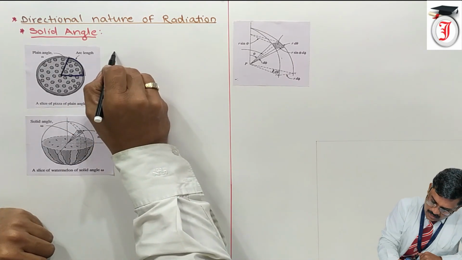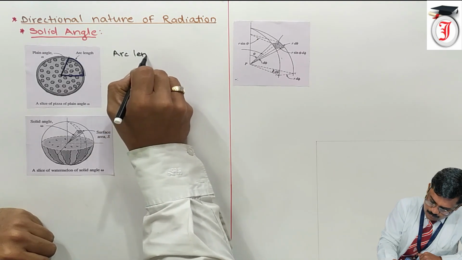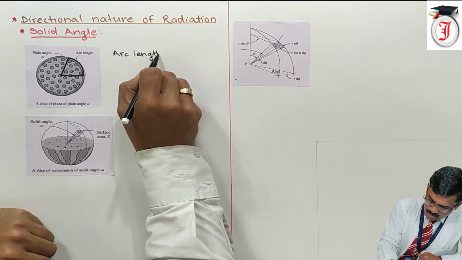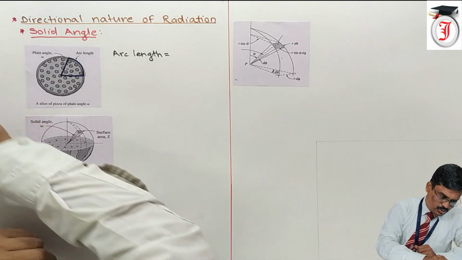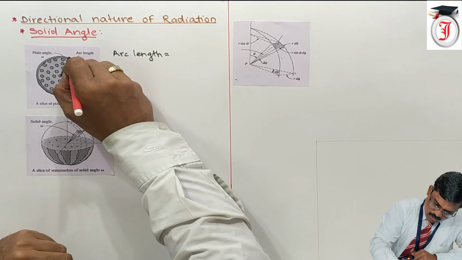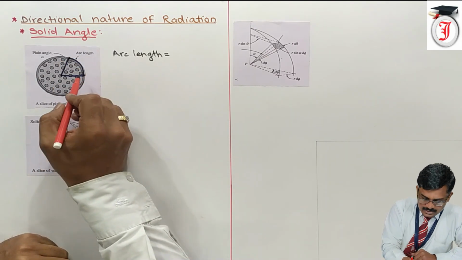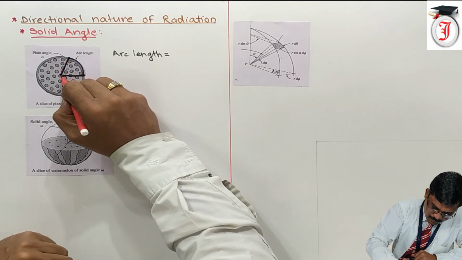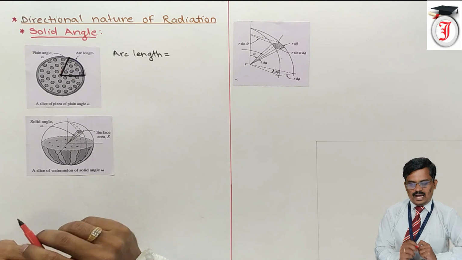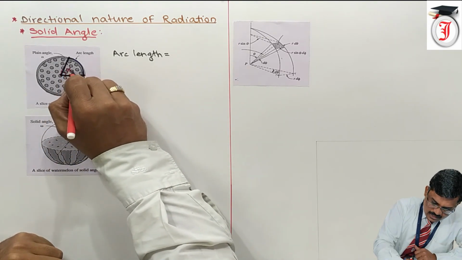The arc length for a pizza is calculated by joining the two corners. Let us consider this is a corner of a slice of a pizza, this is another point, and these two points are connected at the center of the pizza. Considering the angle, let us say this angle is alpha.